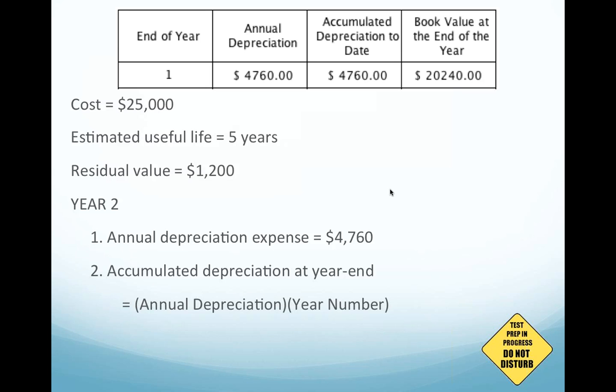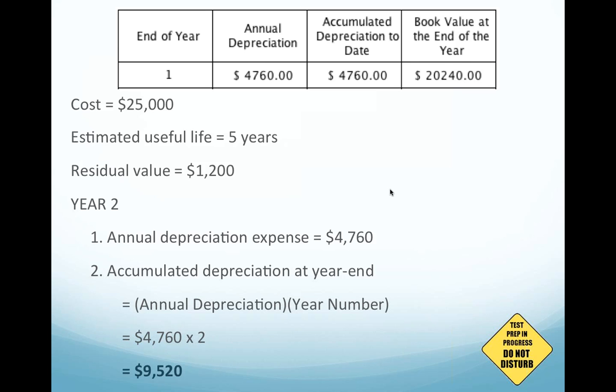The accumulated depreciation is going to be more. We'll take the 4,760 and multiply it by 2 because we're in the second year. And then that'll give us accumulated depreciation. So we take the depreciation and multiply it by the year to get the accumulated depreciation.